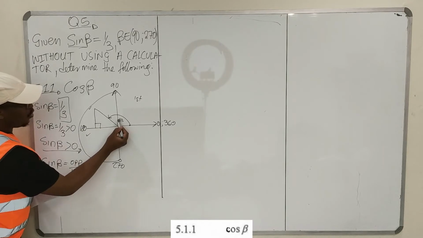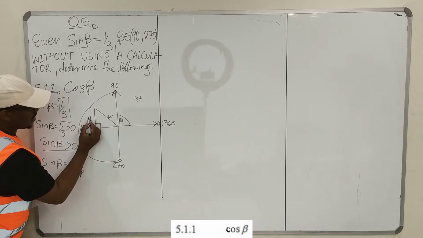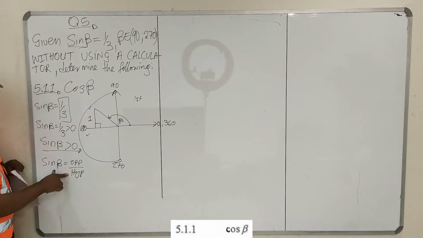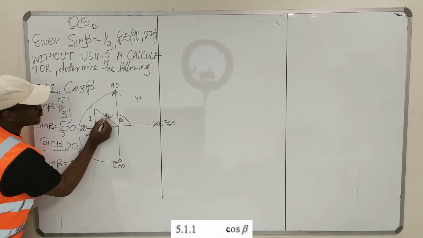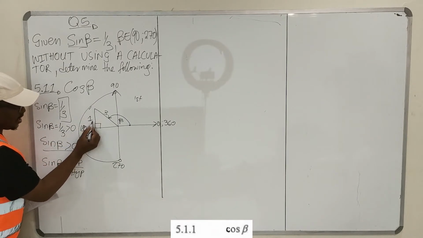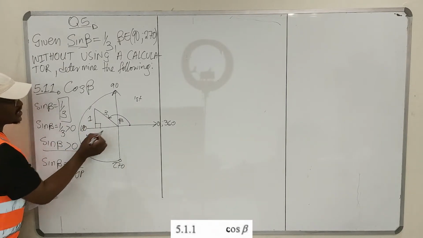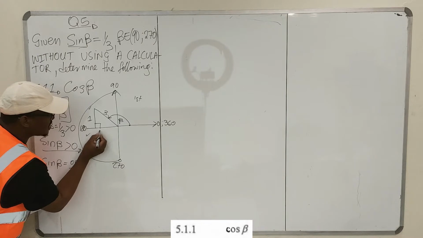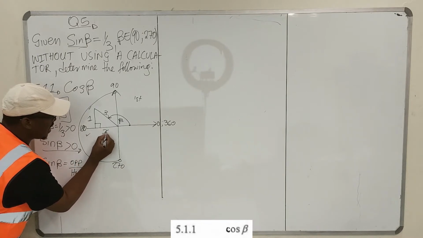If this is your beta here, your opposite side is this one, so you have 1 here. And your hypotenuse is the longest side of your right angle triangle, this side here. So this vertical side is 1, and this slant side is 3. What you don't have now is the horizontal side, which is x.